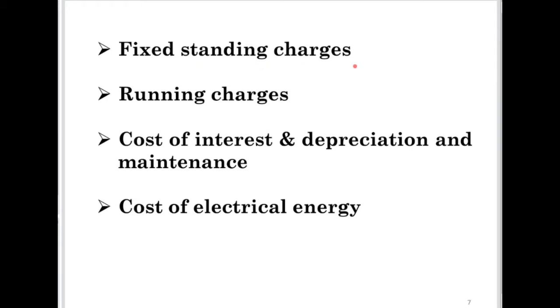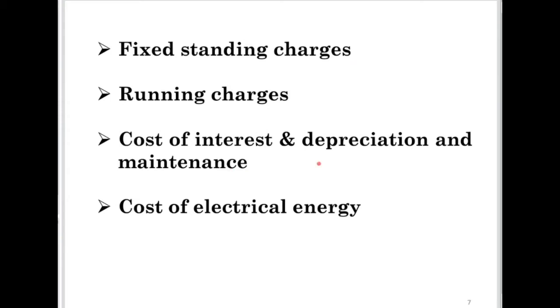The fixed standing charges, meaning there are some costs that are fixed, constant, and there are some charges that are running charges, meaning they depend on the operation, how we operate that line. If the current is flowing through the line, then there will be some charges happening in it. If there is no current, nothing. If more current, more cost, and things like that.